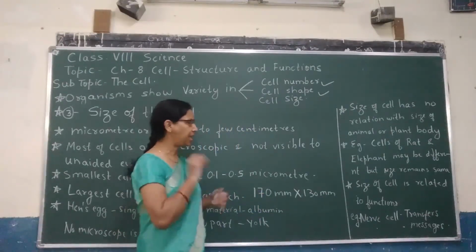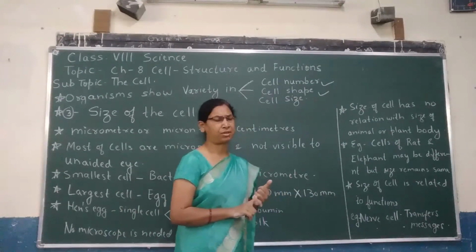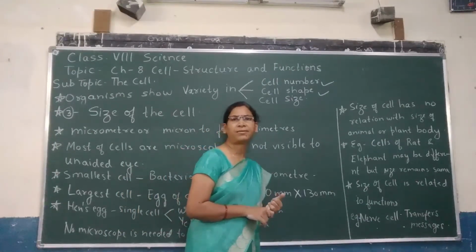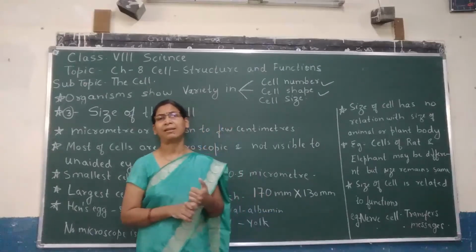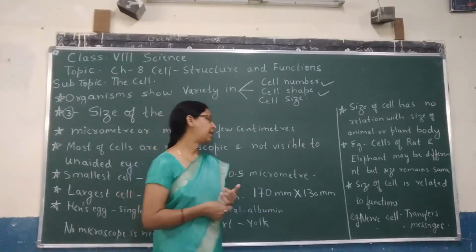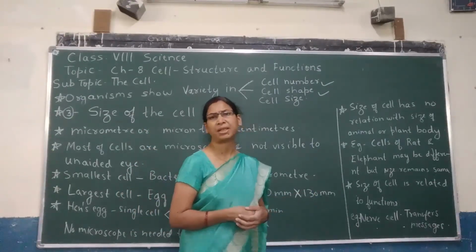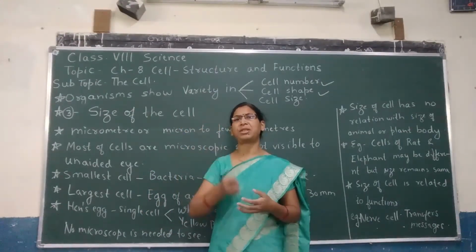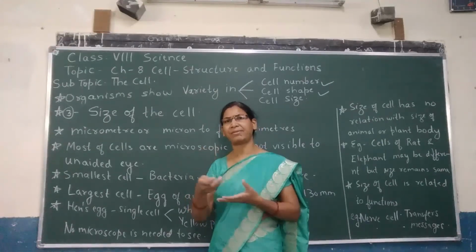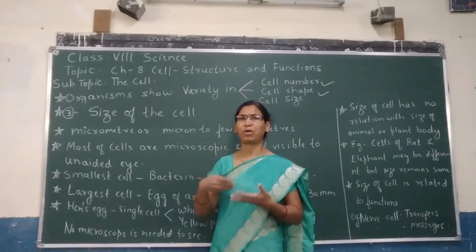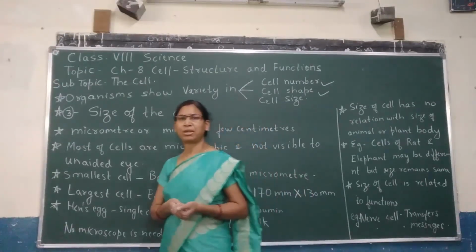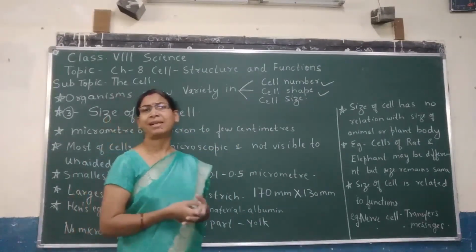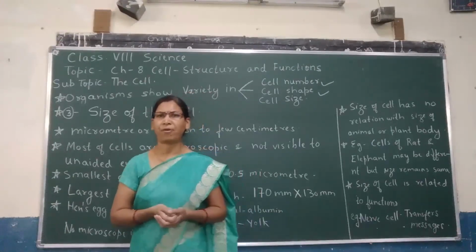The size of the cell is related only to its function. For example, the nerve cell is the longest cell because its function is to transfer messages from one part of the body to another. It should reach the brain, and then the brain gives the signal about what to do next. So it has to be long and branched so that the action can be performed immediately.